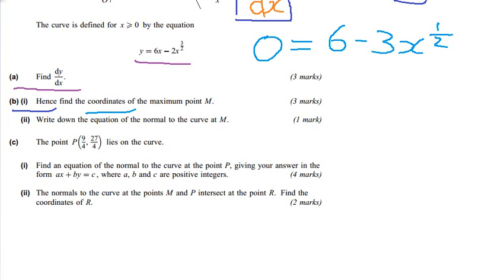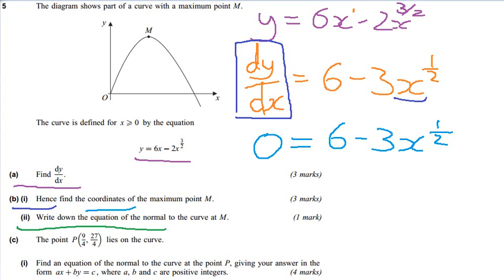So, the next question. Write down the equation of the normal. So, the normal is the line perpendicular to the tangent.